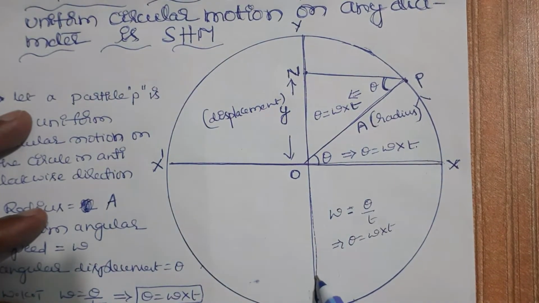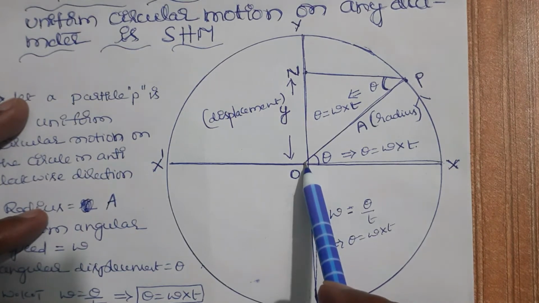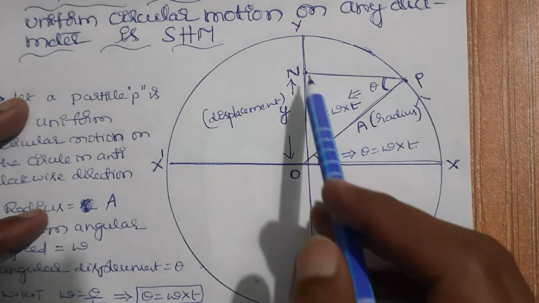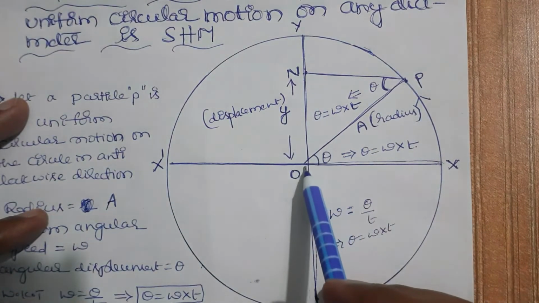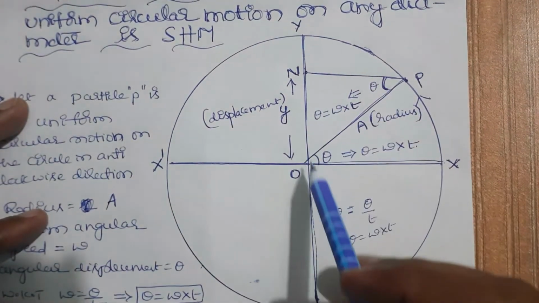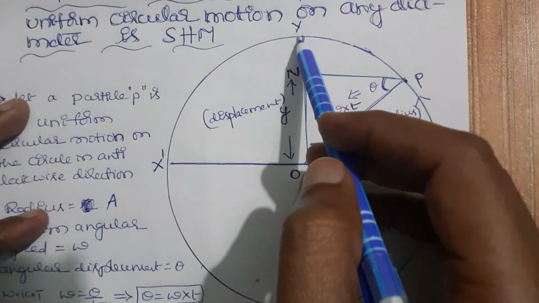But you know SHM is the periodic motion in which the body or particle moves to and fro about a fixed point. The fixed point here is taken as O, the center of the circle. When the particle P is present at x, the point of projection is present at O. When the particle moves from x to y, the point of projection N moves from O to y.